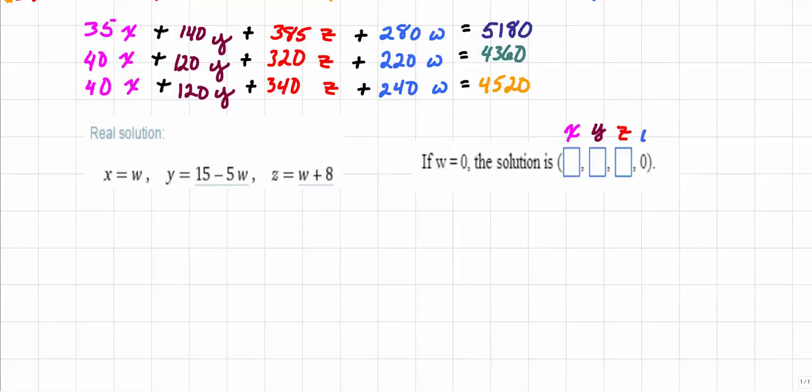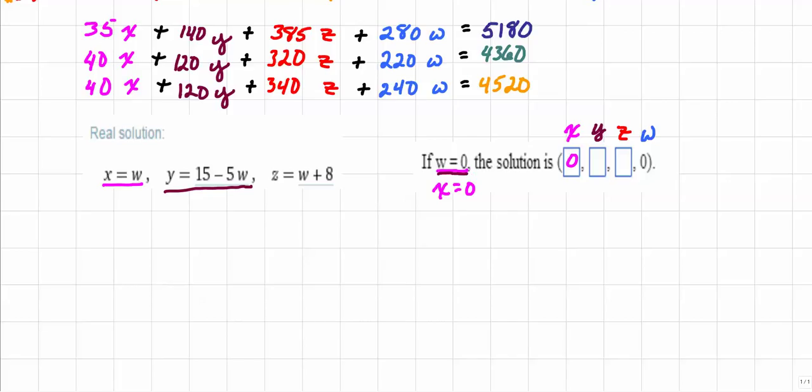So if x is equal to w for this particular problem, that means if w is equal to 0, x will also be equal to 0. Then next we're going to look at y, and y is equal to 15 minus 5w. Now remember that w is equal to 0 in this particular case.